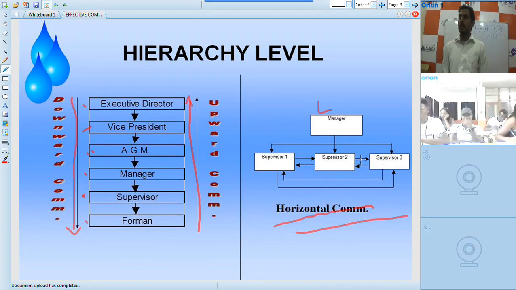This means each and every person is communicating directly with each other. Such communication is known as horizontal communication.